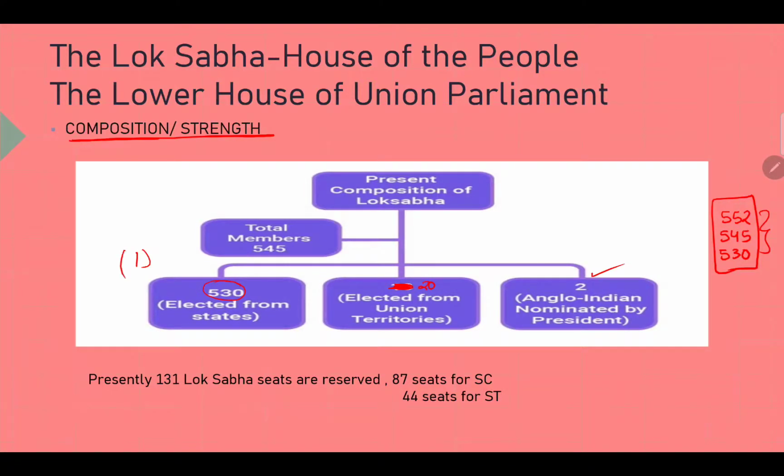This is the first, this is the second, and this is the third. Presently 131 Lok Sabha seats are reserved. From 530 seats, 131 seats are reserved for scheduled castes and scheduled tribes, 87 for scheduled castes and 44 for scheduled tribes. So this is the composition.